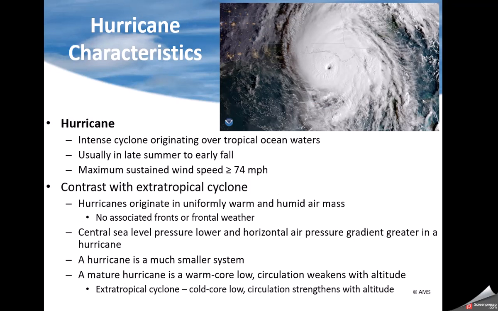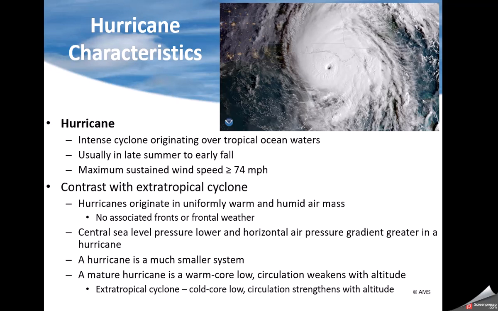Hurricanes are the most intense features you find in the tropics, and there are major differences between a hurricane and an extratropical system. Extratropical systems get more intense with height. They have major temperature contrast across them. Hurricanes are uniformly the same temperature across.